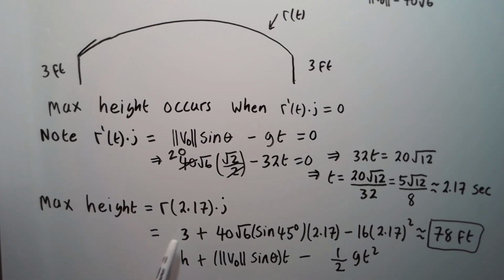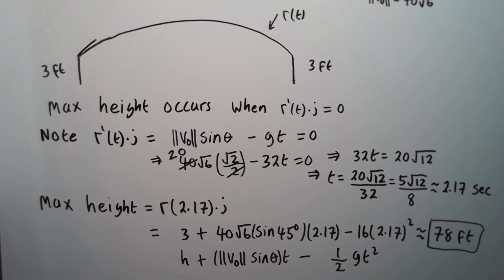So the h was 3 in our case, the magnitude of v0 is 40 square root of 6, angle is 45 degrees, the time was 2.17, then minus g was 32, so 1/2 of g, 16 times 2.17 squared. So plugging this into your calculator, you can check it's roughly equal to 78 feet.